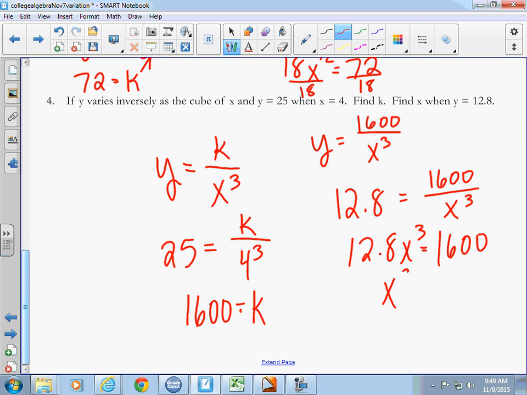What is 1600 divided by 12.8? 125, even? That's a 5. The cube root of 125 is 5. With a cube root, do I need a plus or minus? Only on a square root or an even root. Any questions about that one?